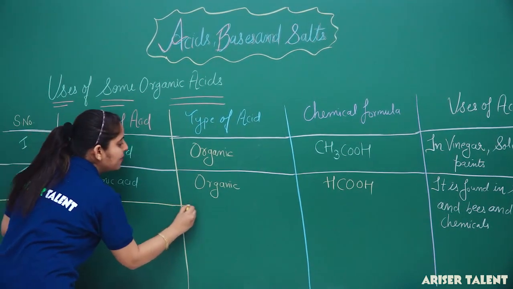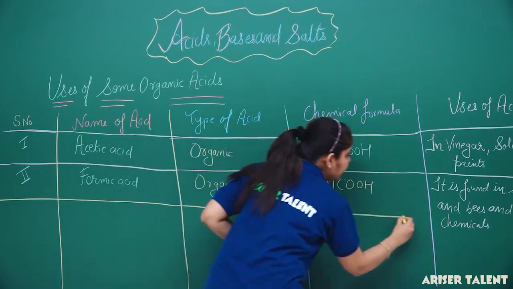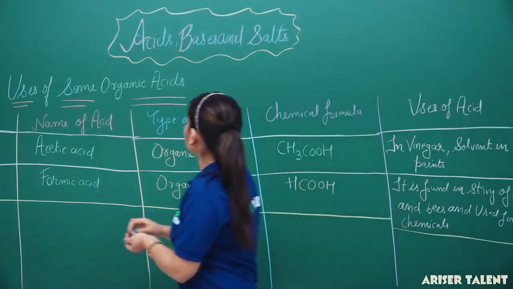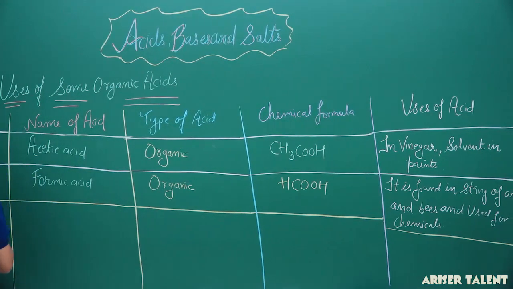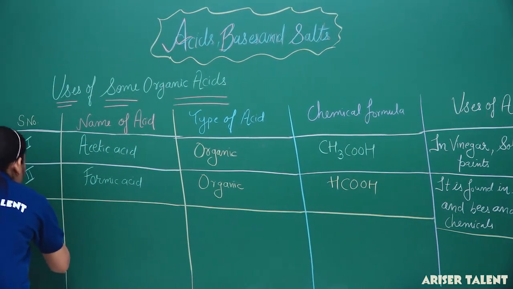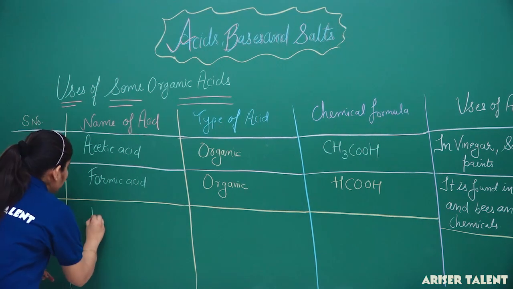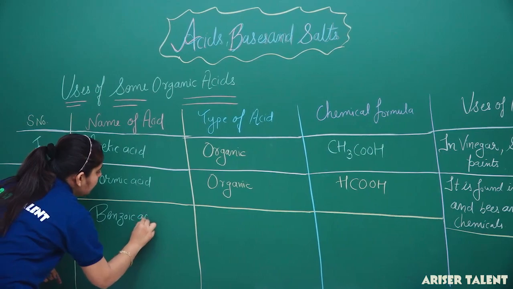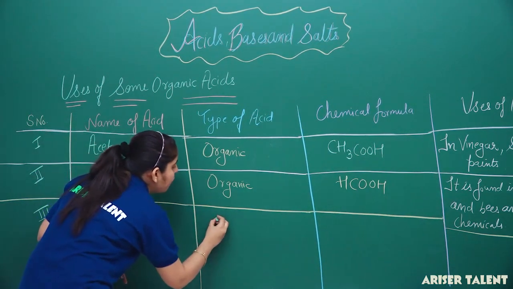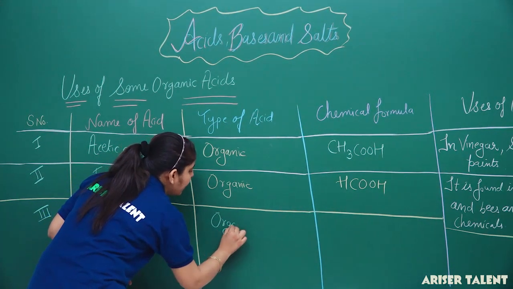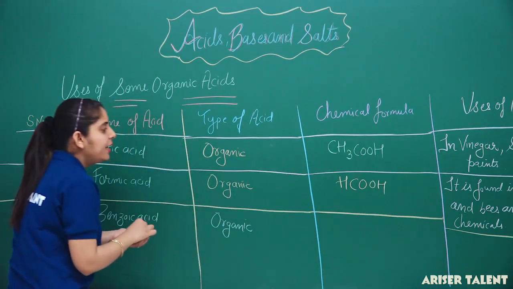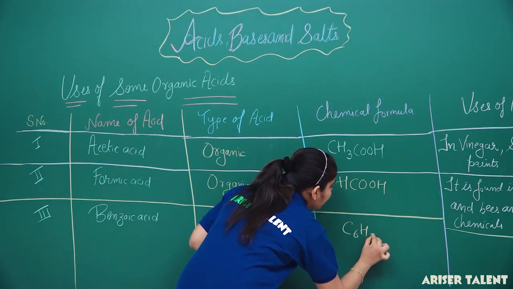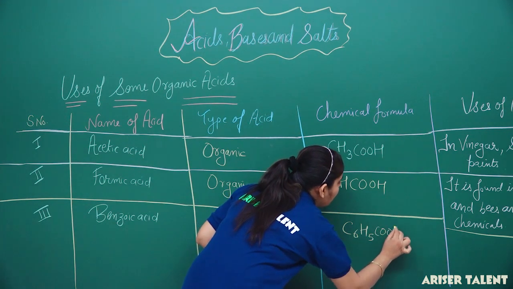So we have dealt with our second acid. Now we are proceeding to our third acid, which will be benzoic acid. It is counted in the category of organic acids again. It has the general formula C6H5COOH.